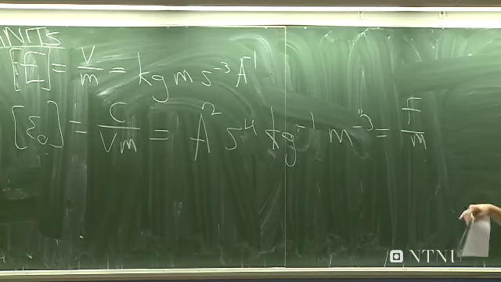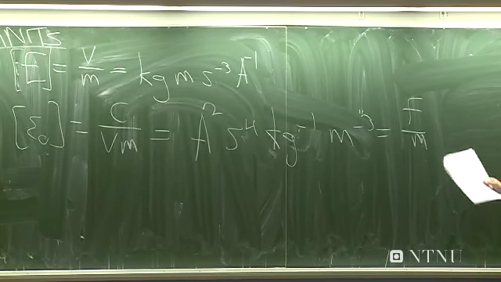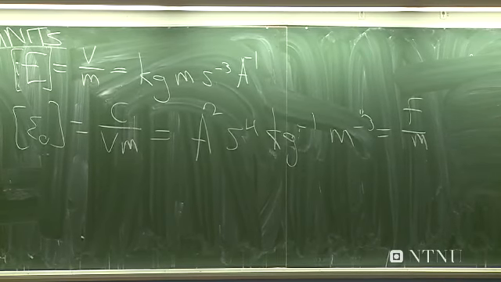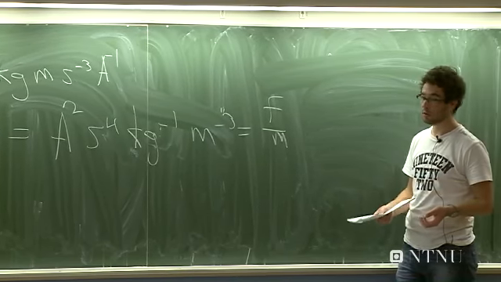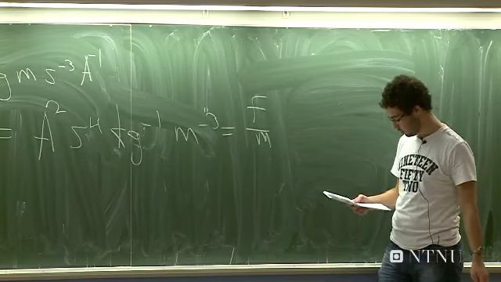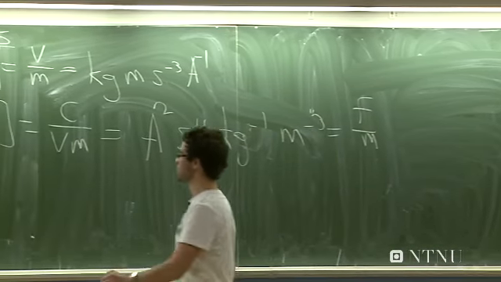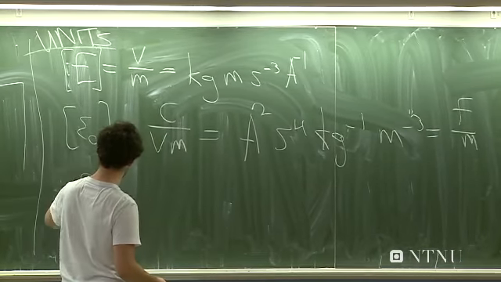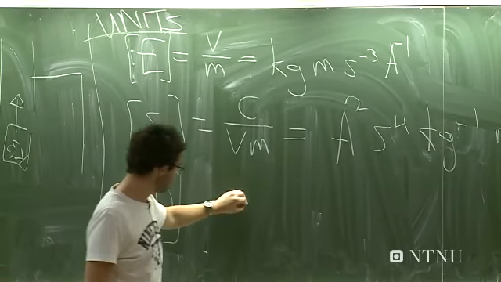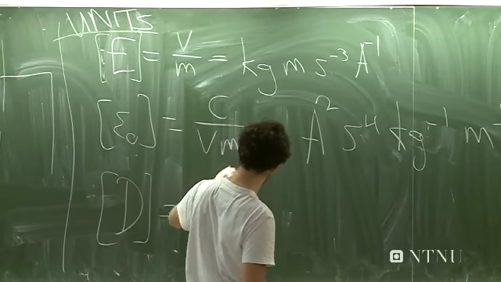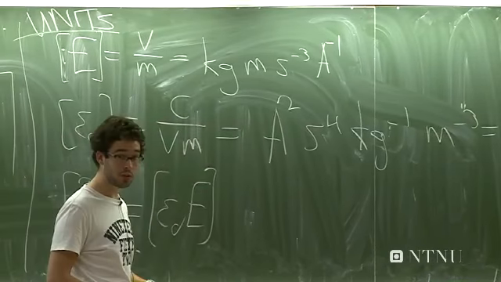This F here is farad, or units of capacitance. This makes sense, right? Because if I put a dielectric inside a capacitor, well, then the capacitance goes up. So they should be proportional. The D field is just the product of these two, in terms of units at least.